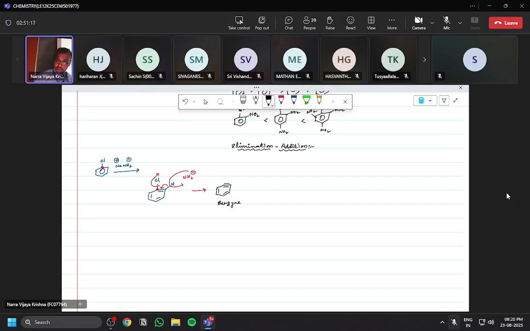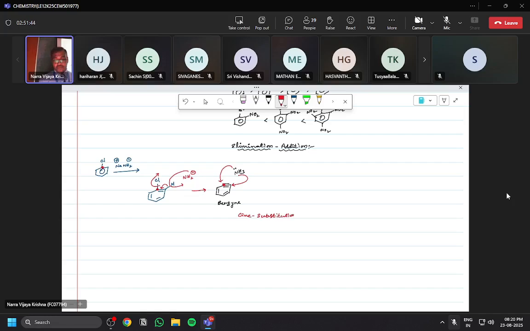Why did I mark this carbon? This is the carbon from which chlorine is lost. Now, what has gone out? Ammonia. Now that ammonia can donate a lone pair of electrons back to this position as well as this position. Both are equally possible.